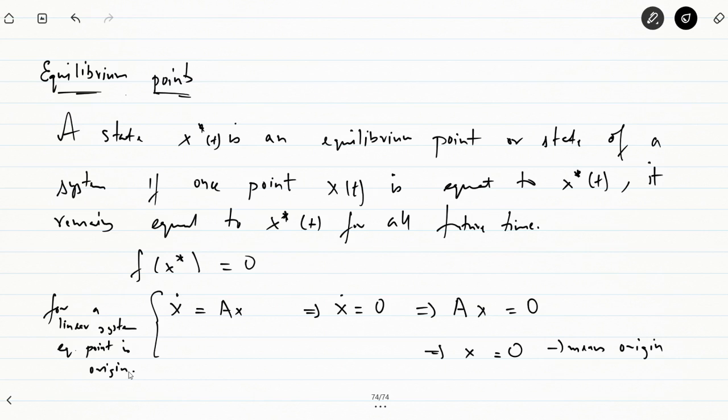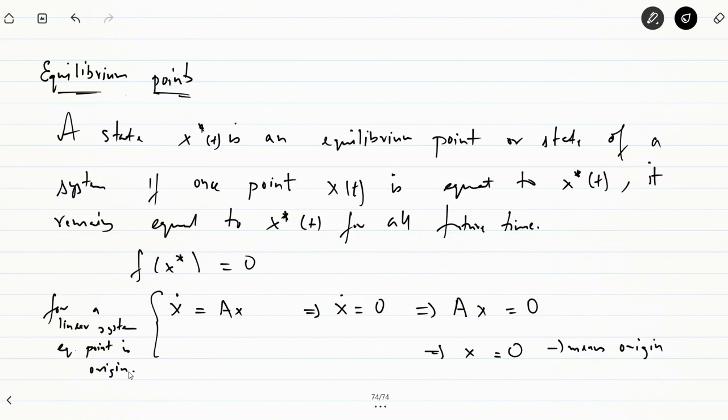But if A is singular, then there can be a number of other equilibrium points which will be contained within the null space of this matrix. You can have x1 equal to 0, you may have different values of x2, x3 up to xn. Some may be 0, some may not be 0.